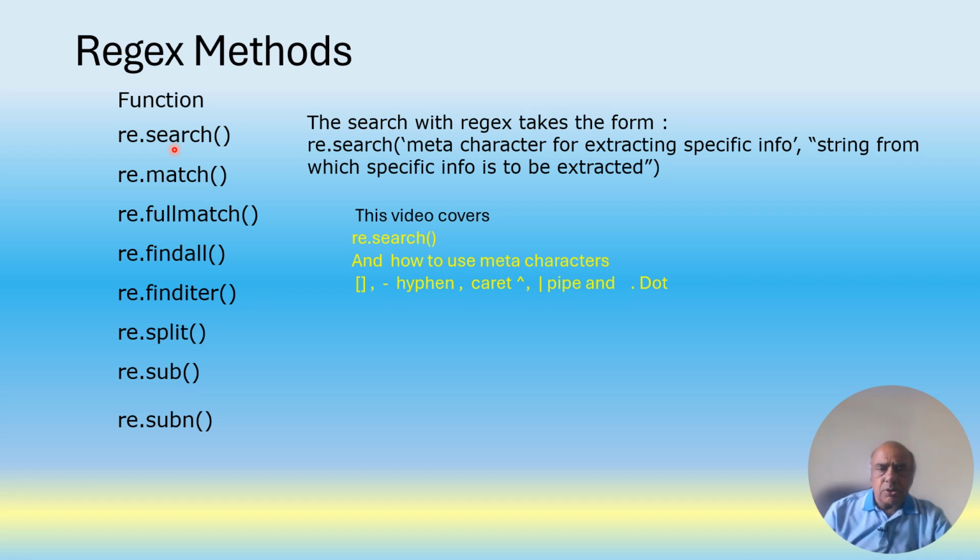How does re.search work? It takes the form re.search, then parentheses, and within single quotes or double quotes the meta characters for extracting specific info, and after a comma the other parameter of re.search is the string from which the specific info is to be extracted.